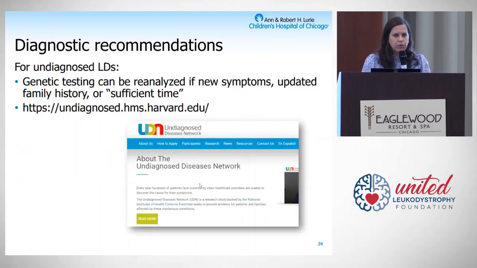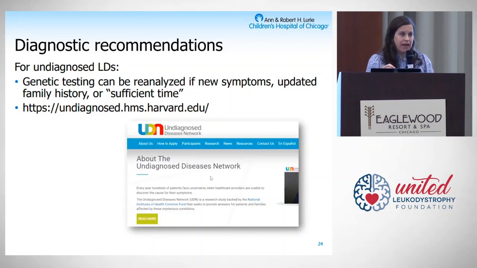So just a word, we're going to have a session this afternoon about undiagnosed leukodystrophies, but for undiagnosed leukodystrophies, we use a whole exome or whole genome sequencing, and then that genetic testing can be reanalyzed. What I didn't quite understand about whole genome or whole exome sequencing is that what you put in is what you get out. So not every single gene is analyzed.